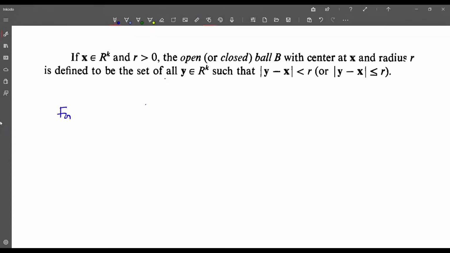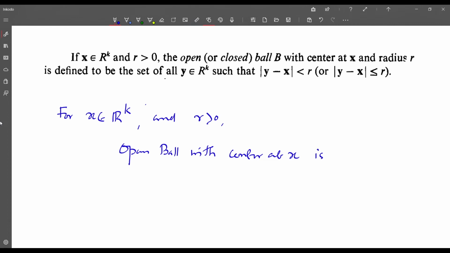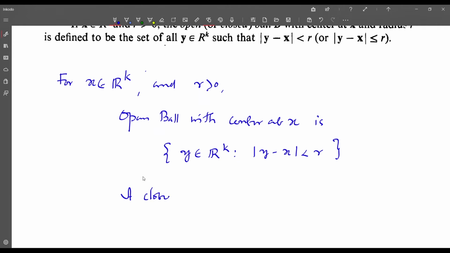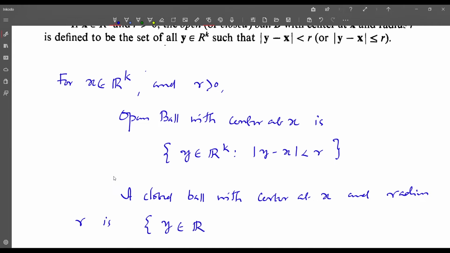For x in Rk and r > 0, an open ball with center x is the set of all y in Rk such that |y - x| < r, and a closed ball with center x and radius r is the set of all y in Rk such that |y - x| ≤ r. So this is the definition of open ball and closed ball respectively.